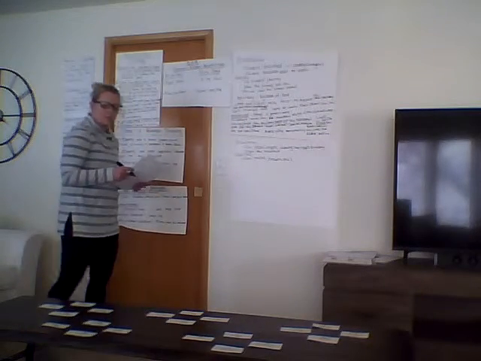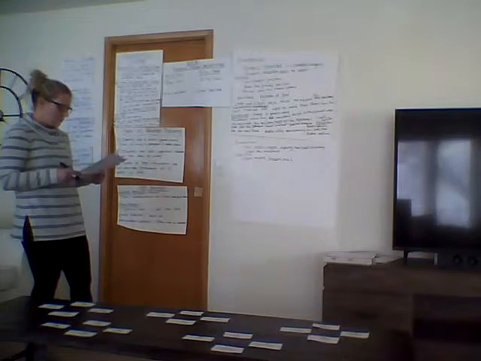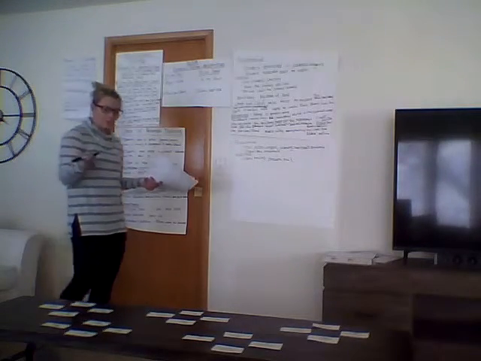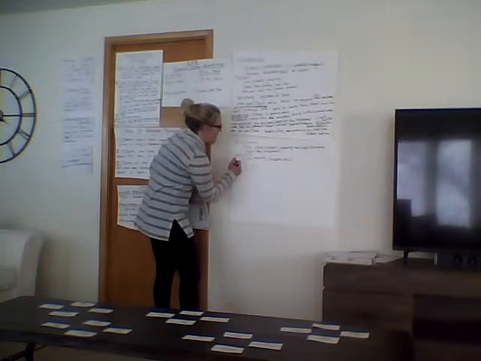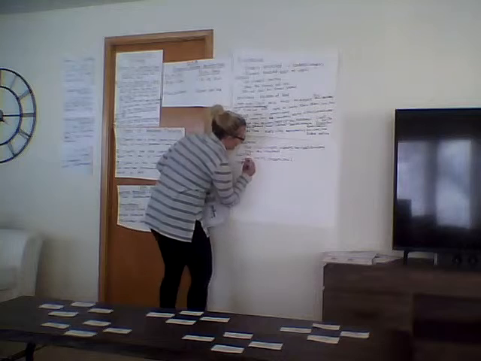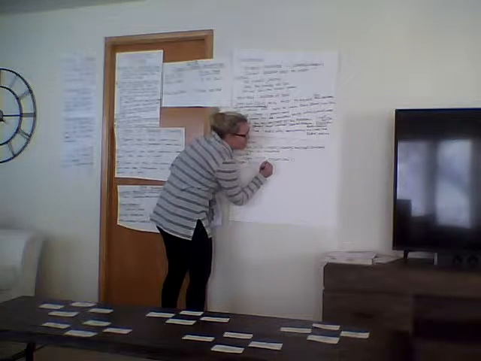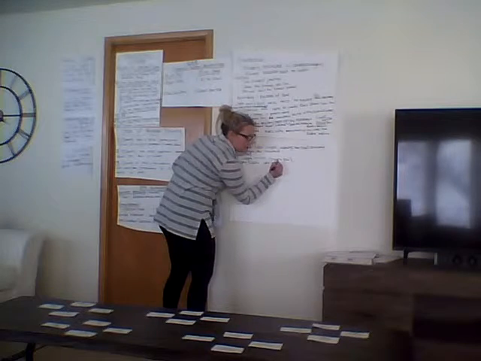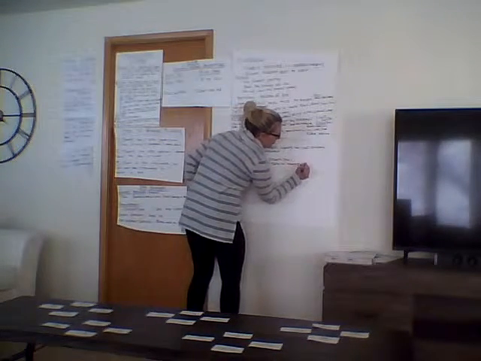What else was important to know about those wagons, Amy? They wanted to get over the mountain. They left at a certain time to avoid the snow, right? So let's write: Wagon trains left early to avoid snow in the mountains. And I want you to write this down too. Remember, this is your get the gist.